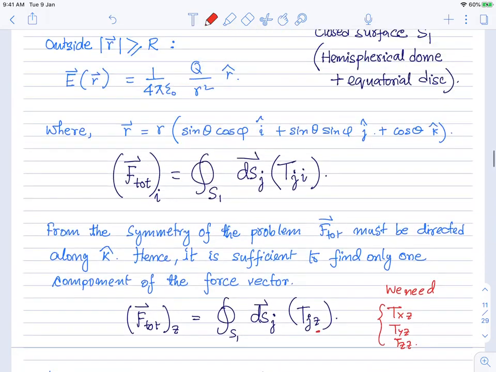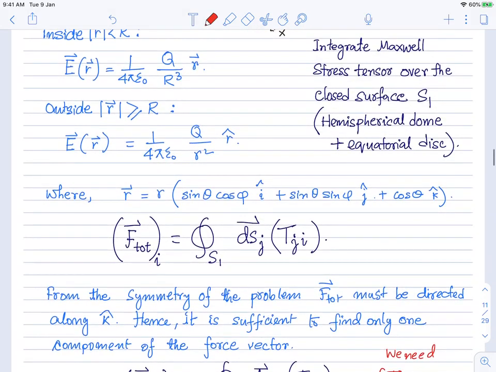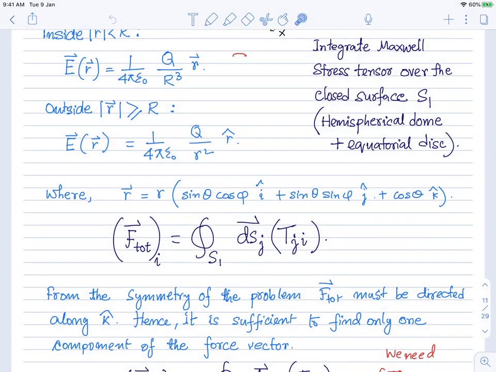Okay, so let's evaluate those three components. We know the forms of the electric field inside and outside.